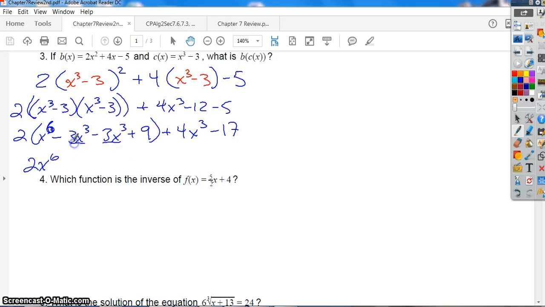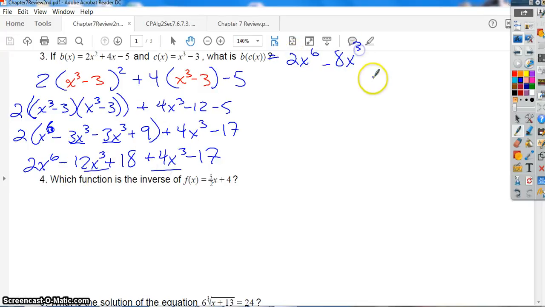This is negative 6x cubed, which would be negative 12x cubed plus 18 plus 4x cubed minus 17. So what is b of c of x? It looks like 2x to the 6th, negative 8x cubed, and plus 1.